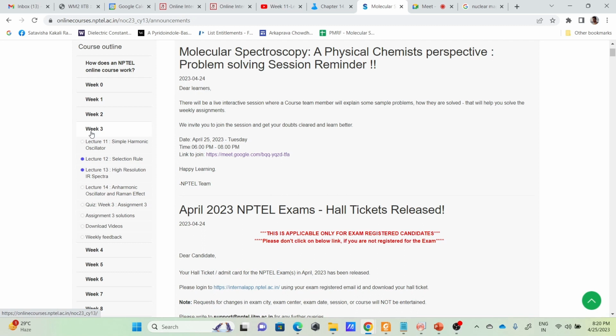So that's where the concept of fundamental, first overtone, second overtone came. Now in anharmonicity we discussed the anharmonic oscillator, and then we went to the Raman spectroscopy.